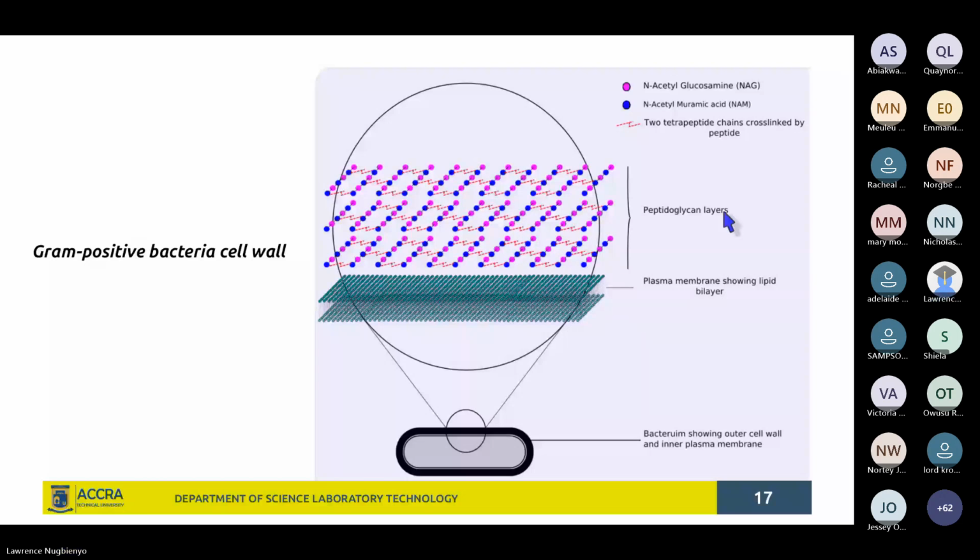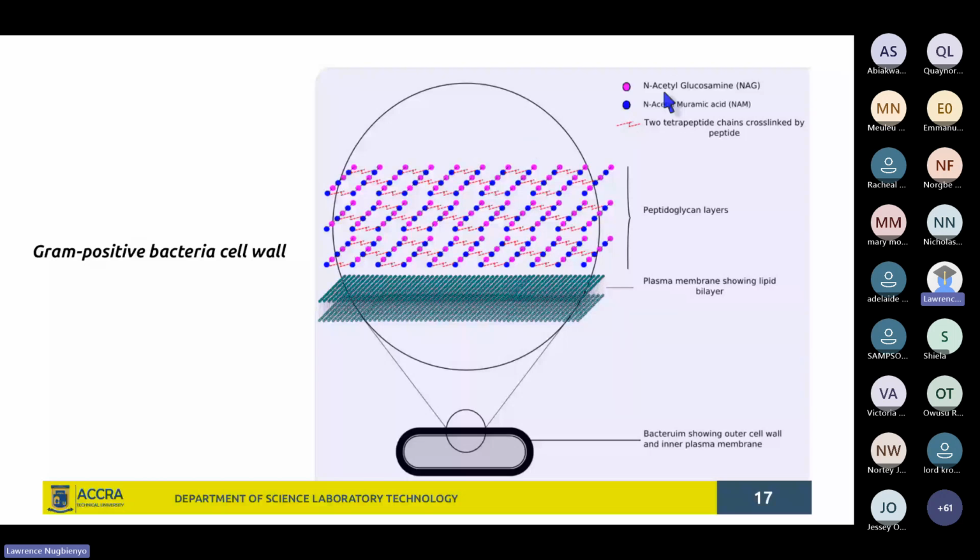Now, what is this peptidoglycan? The peptidoglycan is a polysaccharide. We did see this structure in the last lecture as a derivative of monosaccharides, N-acetylglucosamine and N-acetylmuramic acid.